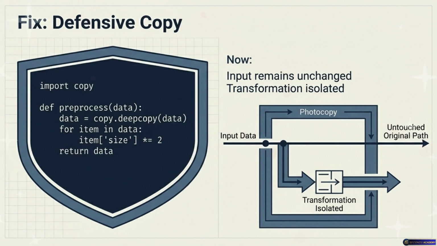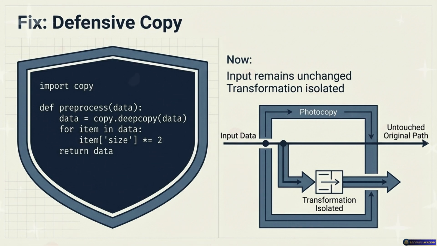But the list of visits inside still points to the original memory references. So if you mutate a past visit in the copy, it still mutates the original patient's history. Yes. Deep copy solves this by recursively traversing the entire object and creating brand new independent clones of absolutely everything it finds, no matter how deeply nested it is. So the original input remains perfectly untouched.